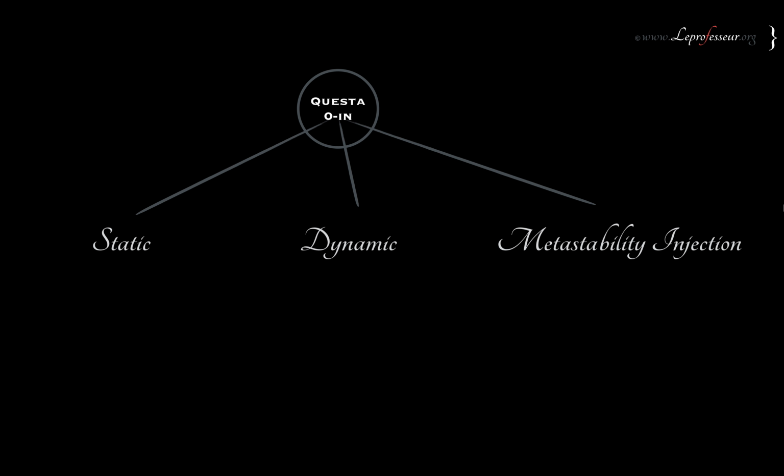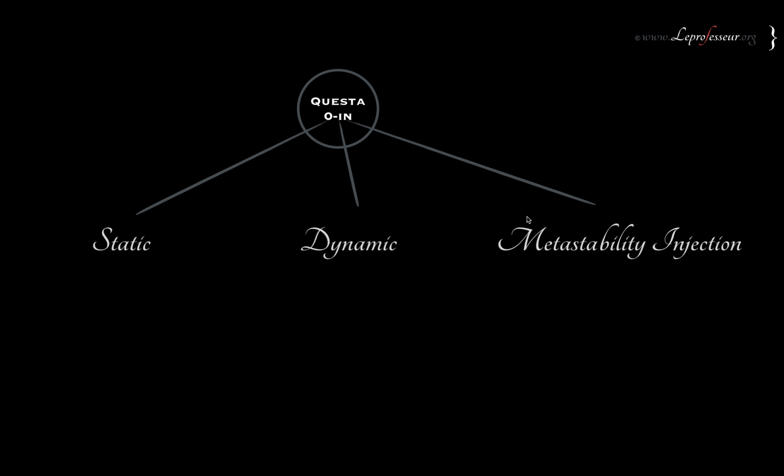Then the third step would be metastability injection. Once you are satisfied with the dynamic simulation results, you can further extend your CDC verification goal to have metastability injected in your design at certain times, at certain places, or in certain modules, and it's an extension to the RTL simulation.